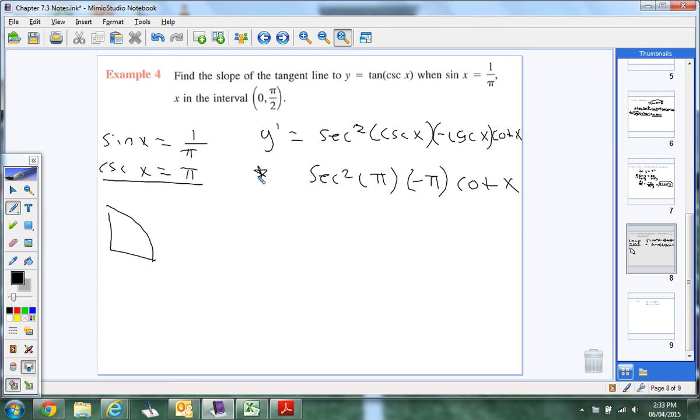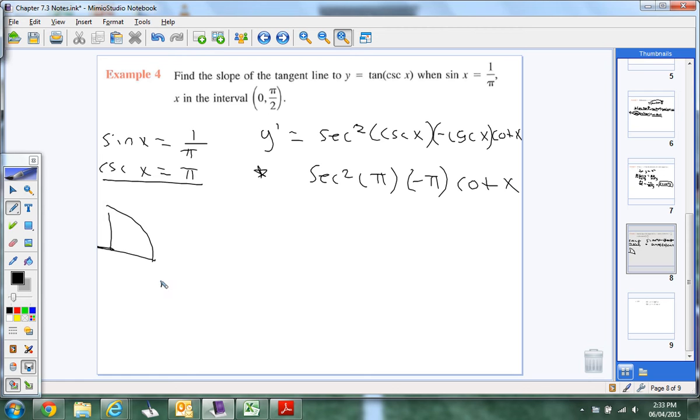Secant squared? Yeah, well, not the derivative, sorry. It's 1 over cosine, okay? What is cosine at pi? So over here. Negative 1. What's negative 1 squared? 1. So this equals 1.